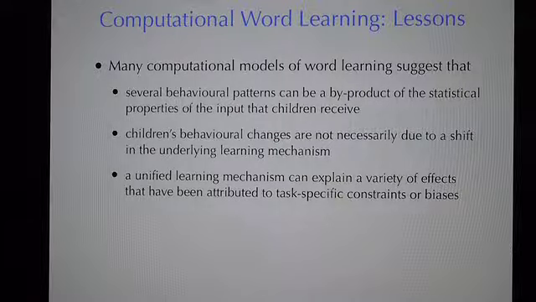So things happen because the input data has certain characteristics, and the learning mechanism is used that actually exploits that. Therefore, a strong suggestion of these computational models is that the behavioral changes that are observed in children are not necessarily due to a shift in the underlying learning mechanism, but just a byproduct of the statistical characteristics of the process.